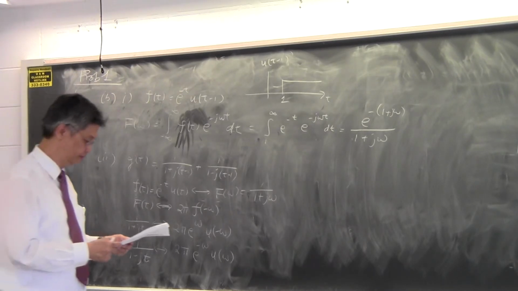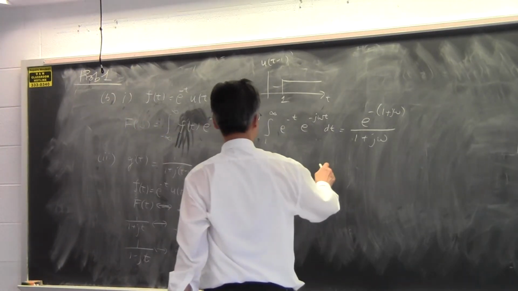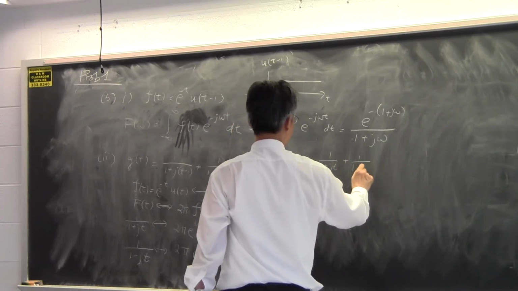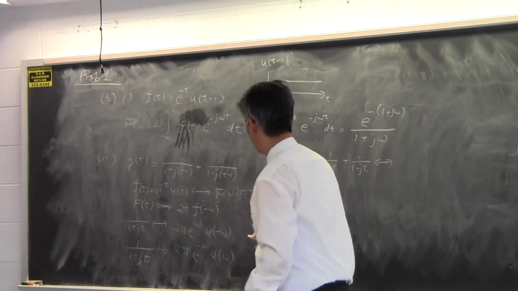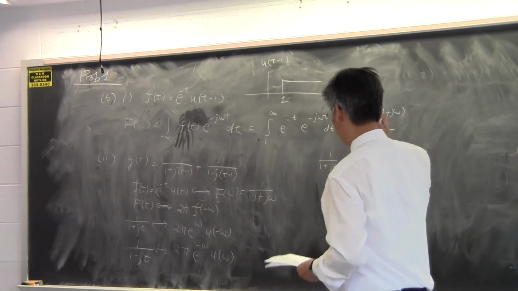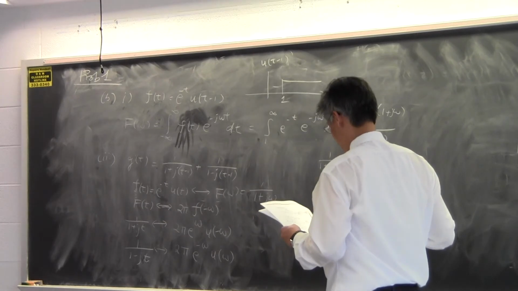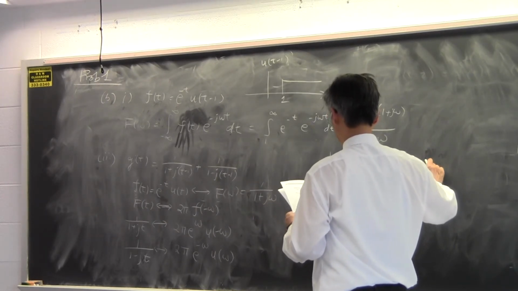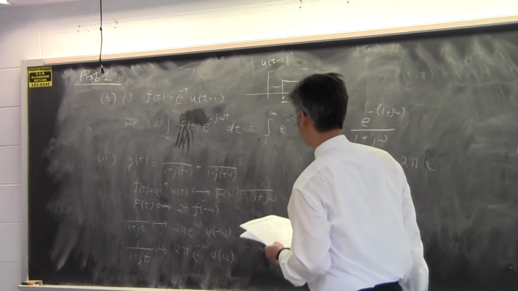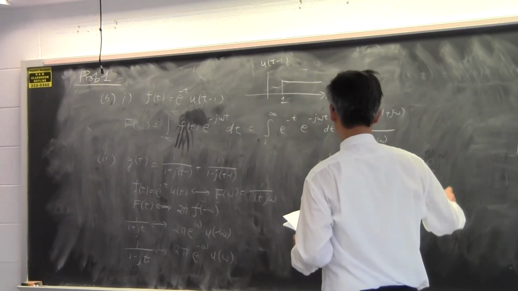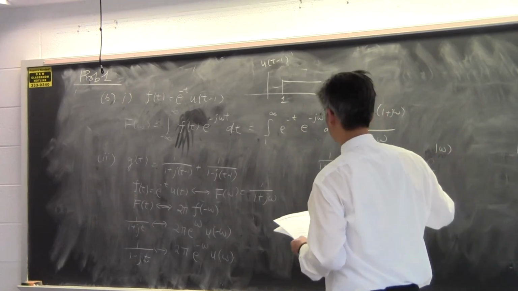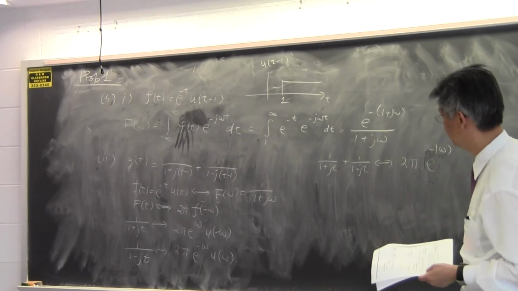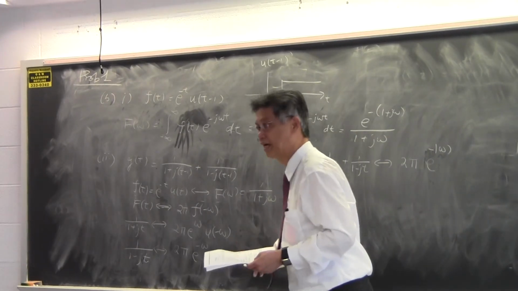Then you combine the two, then 1 over (1 plus jt) plus 1 over (1 minus jt) Fourier transform to the sum of these two. Okay, the sum of these two is just equal to 2 pi e to the minus absolute value of omega. When you combine these two, you get that.